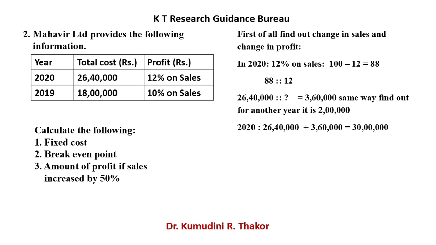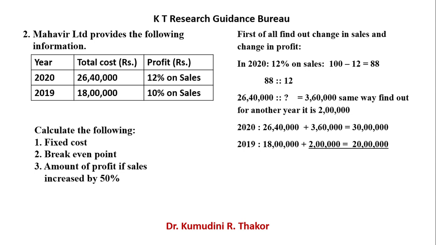26,40,000 plus 3,60,000. Same way for 19. 18 lakhs is your cost and 2 lakhs rupees is your profit, equal to 20 lakhs. Easily you can compare your profit and your sales. 3,60,000 and 2 lakhs.